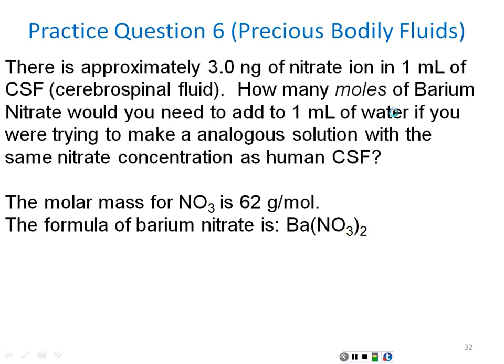The molecular mass for NO3 nitrate is 62 grams per mole, and the formula of barium nitrate is barium NO3, but there are 2 nitrate ions per mole of barium.